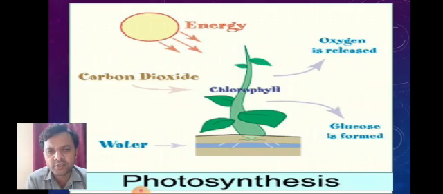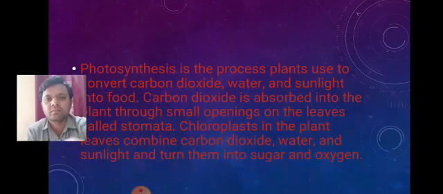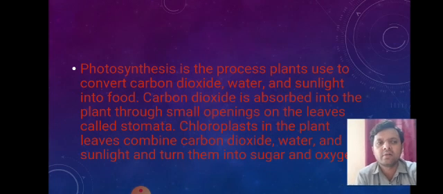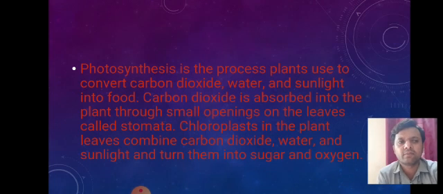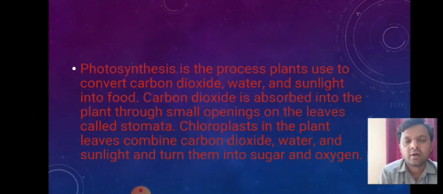First you observe the picture. Now we'll see the definition of photosynthesis, and then again I'll show you the diagram. I am reading it, just listen very carefully and try to understand it very carefully.